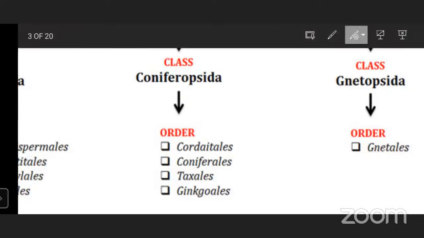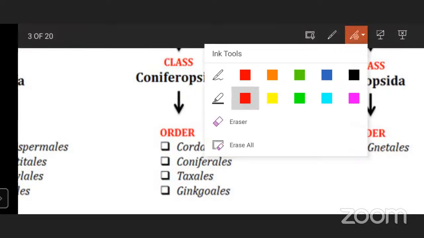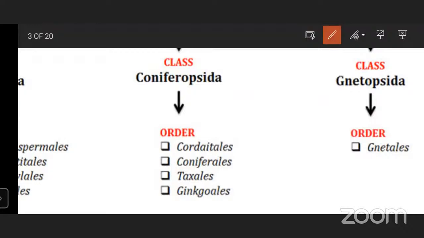So this class Gnetopsida consists of a plant that is Gnetum. Gnetum is the best example for Gnetales. Okay, the order name as well as the plant name is somewhat similar.